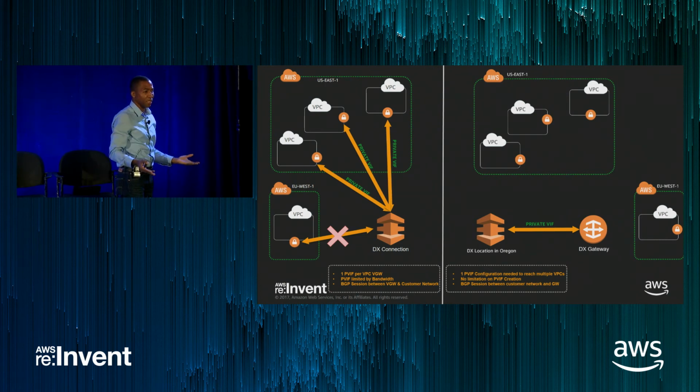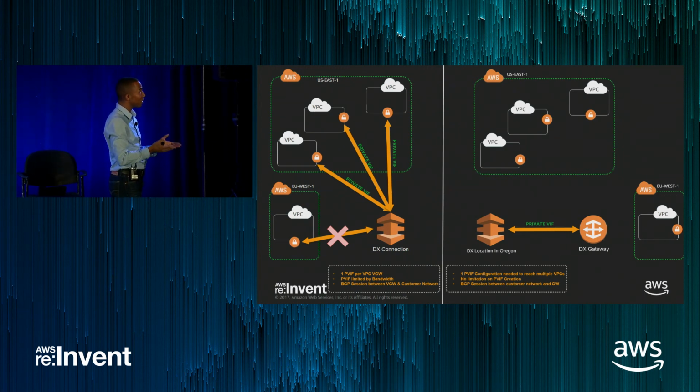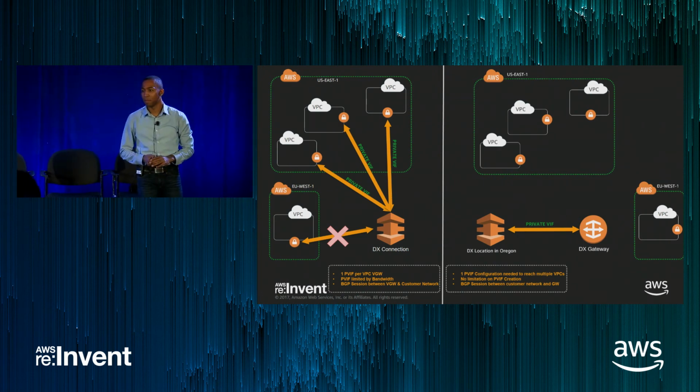You still have that option, all right? But for all the VPCs within a single account, you can create a Direct Connect gateway, associate all those VPCs with that gateway, and now you can communicate with your VPCs via your on-premises network, significantly reducing your time to market.